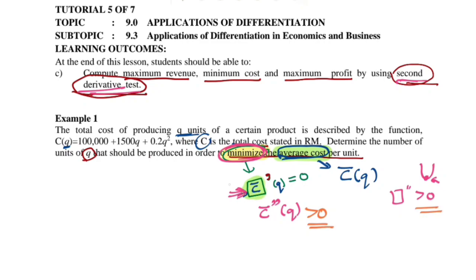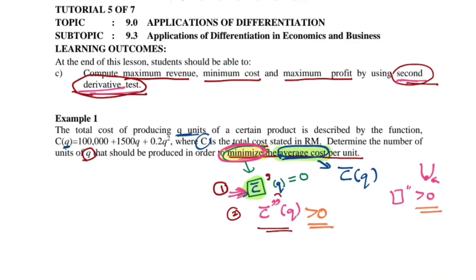Hence, your steps would be: the first step is to find the number of units that minimize the average cost. Second is to check whether that number of units Q really minimizes that average cost function by using the second differentiation.